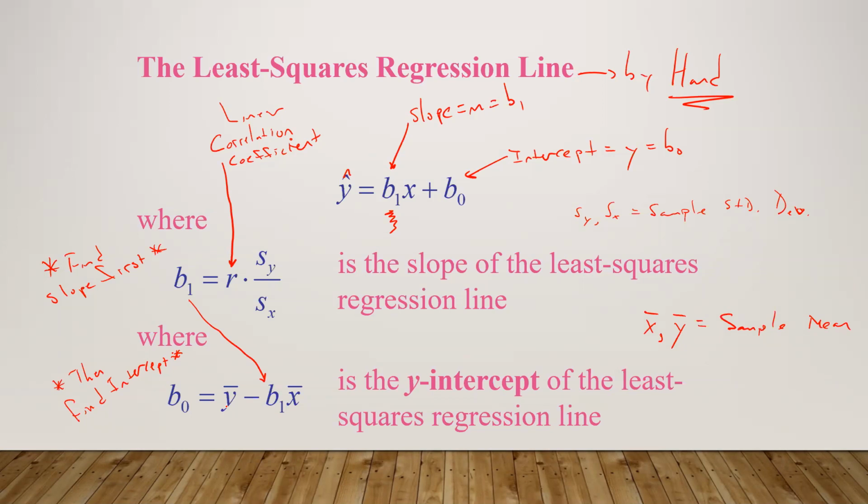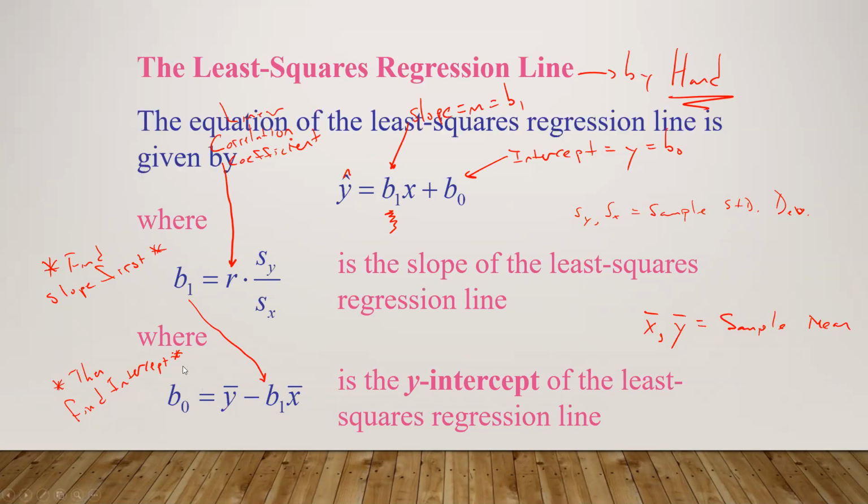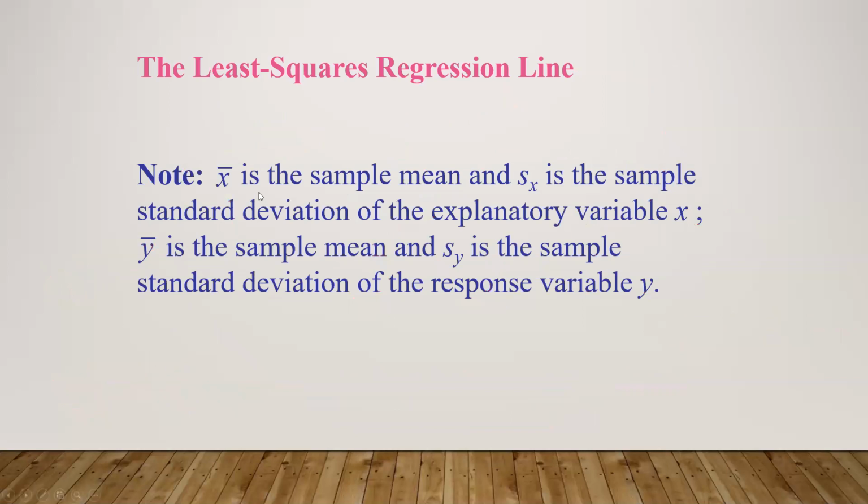So I also have this here. X bar is the sample mean and S sub X is the sample standard deviation of the explanatory variable X. Y bar is the sample mean and S sub Y is the sample standard deviation of the response variable Y. So to do this formula, y hat equals b1 times x plus b0, you need 5 things.